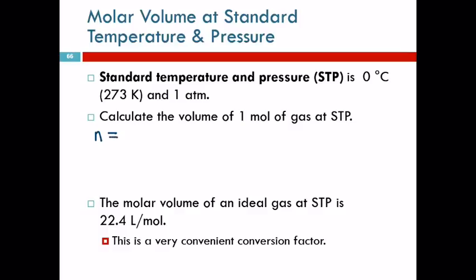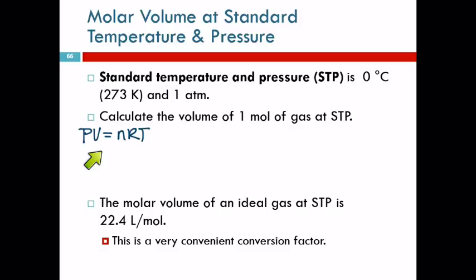So when we rearrange the ideal gas law for N, we get N is PV over RT. So the pressure is, that's not what I'm trying to do. Start over. I'm not solving for N, I'm solving for V. PV equals nRT.